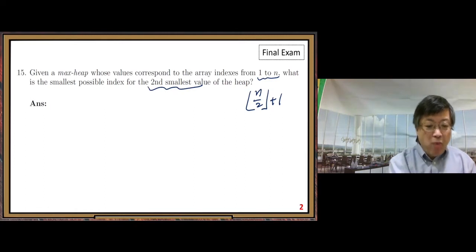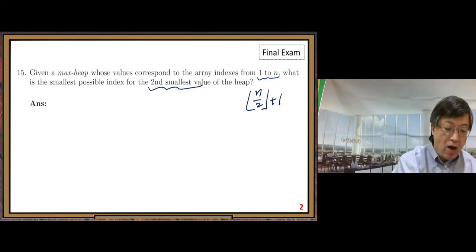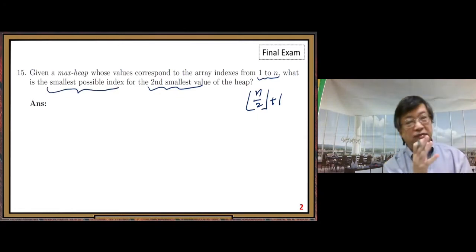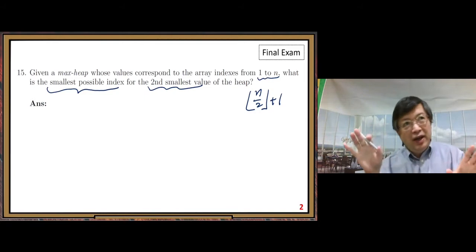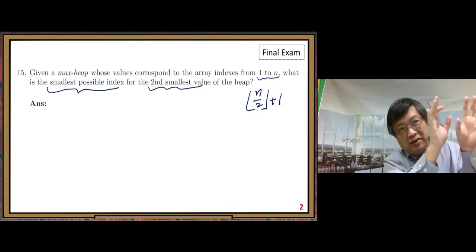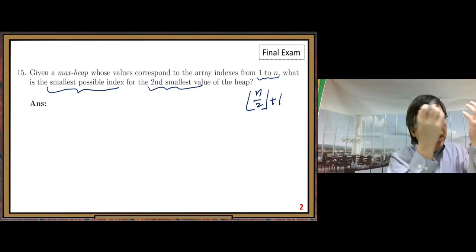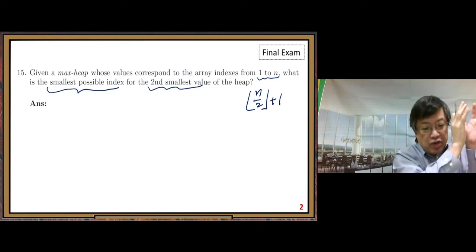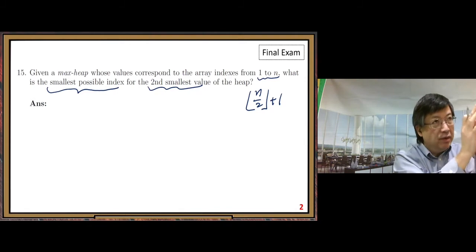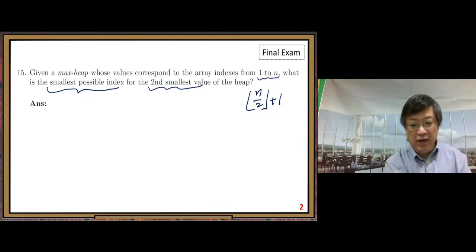Look at the smallest possible index. There are many different possibilities, so we need to understand the situation for that smallest possible index case.